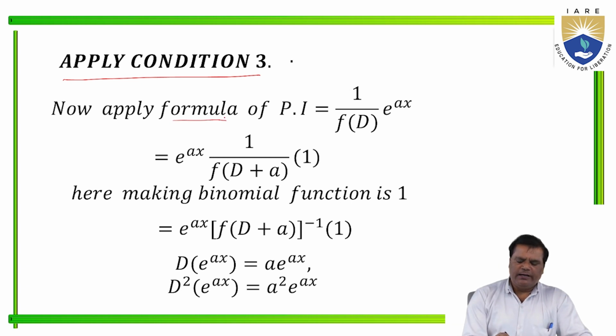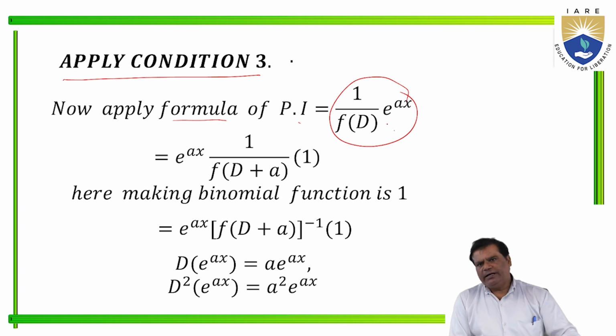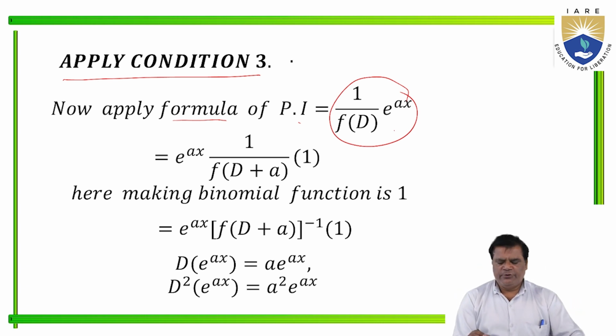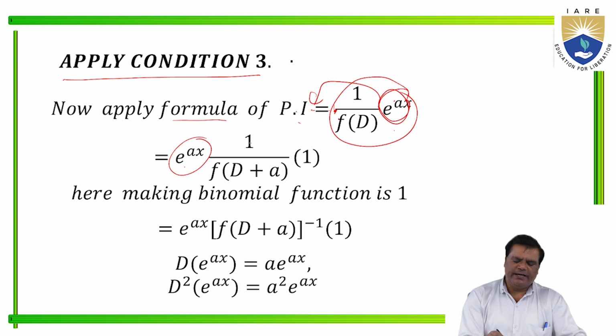Now apply the formula PI equal to 1 upon f(D) into e to the power ax. This is an exponential function, so we take the exponential function to the left side. We write PI equal to e to the power ax multiplied by 1 upon f(D plus a) into 1. Here we apply the binomial theorem.